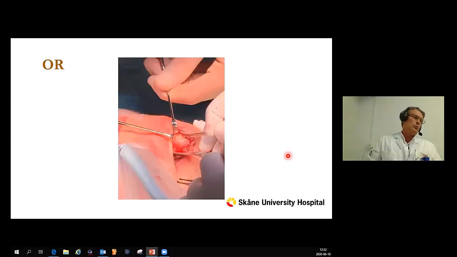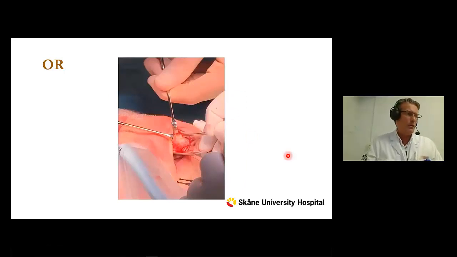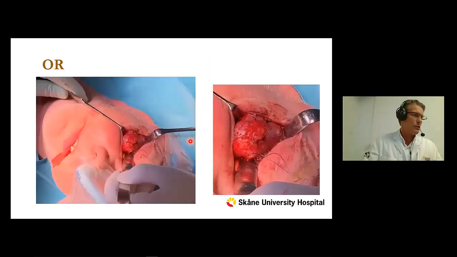This is the picture taken from above the patient. You have the mouth in this area here for orientation, and this is the right nose, and the eye is up here, so this is the lower lid incision, and this is the tumor. Further dissection, the lump presents itself like this.